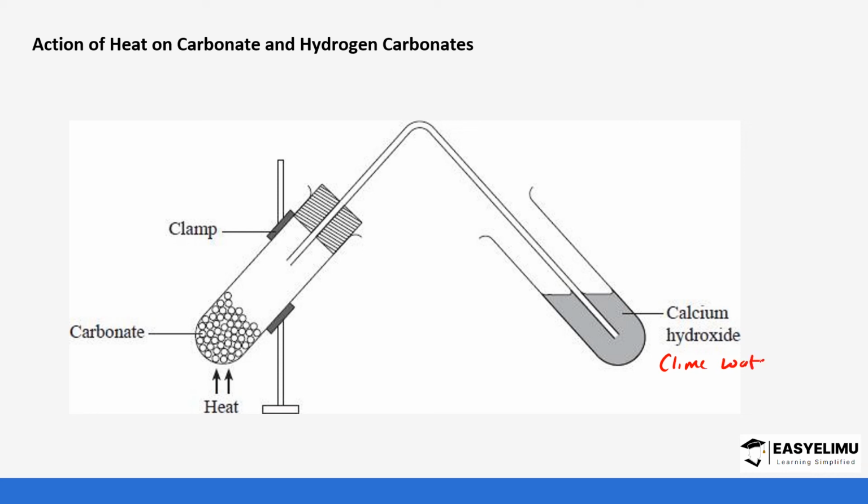What you notice when you heat carbonates and hydrogen carbonates is that one of the products given off is carbon dioxide, and the carbon dioxide bubbled in calcium hydroxide turns it into a white precipitate. If we were to heat sodium hydrogen carbonate, we would form some colorless liquid at the cooler parts of the test tube. This is because water is also produced.